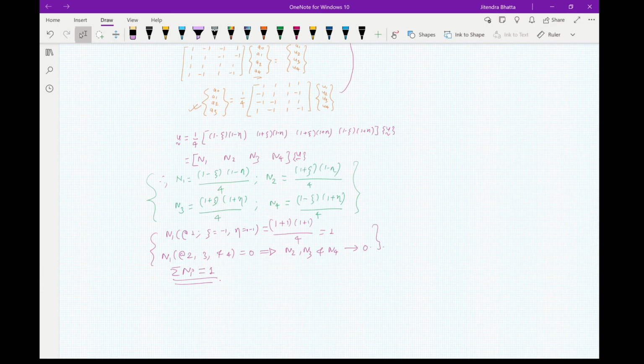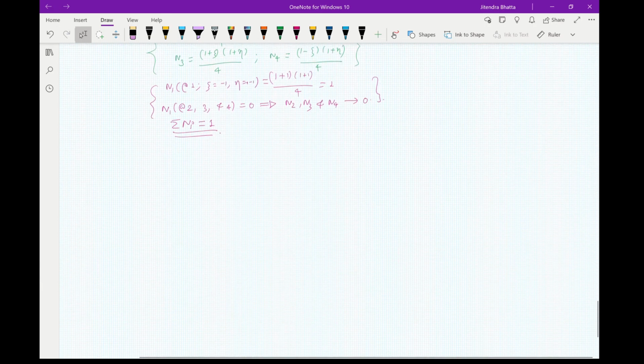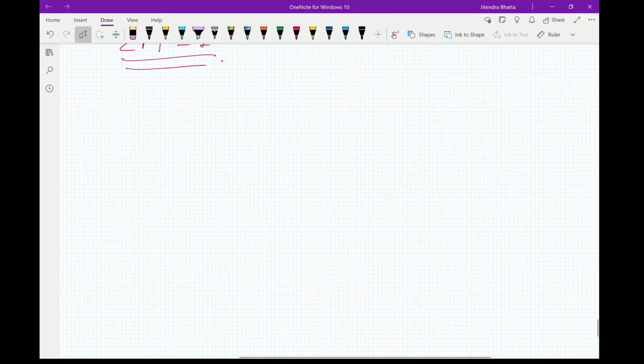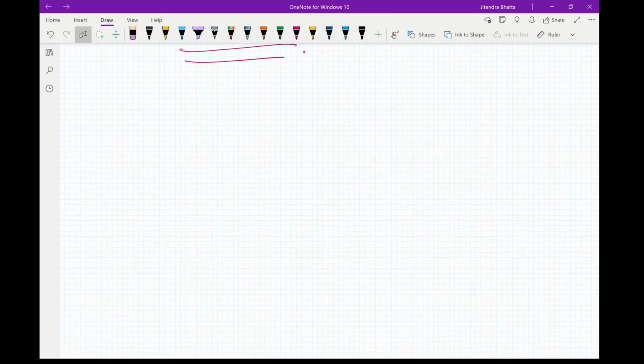Now the question arises, like when you have a rectangle like this. Let's say it has 1, 2, 3, 4, 5, 6, 7 and 8 nodes.